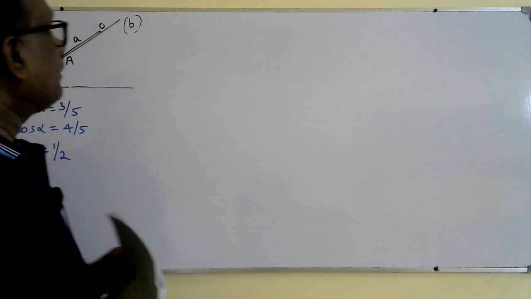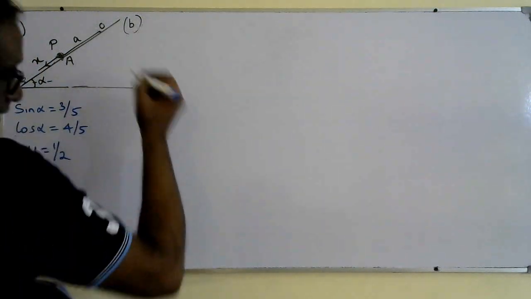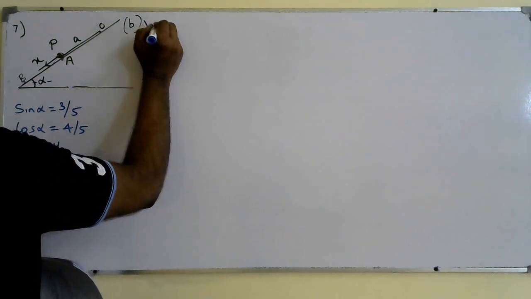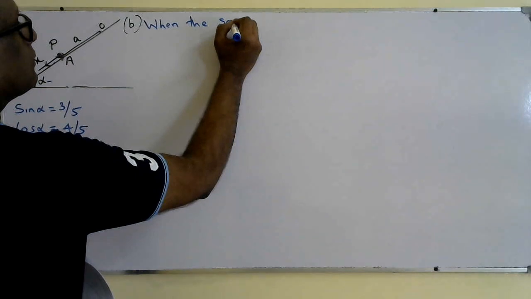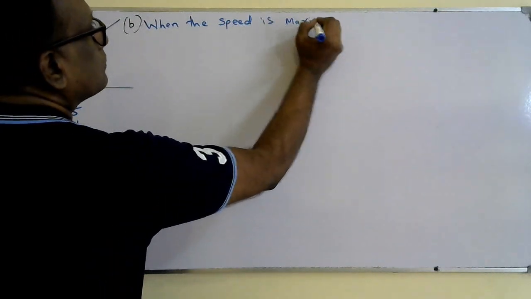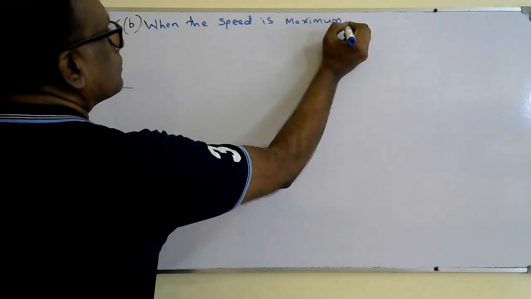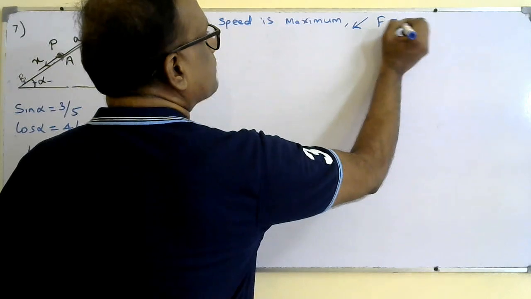So when the speed becomes maximum, along the plane down the resultant force must be equal to 0.